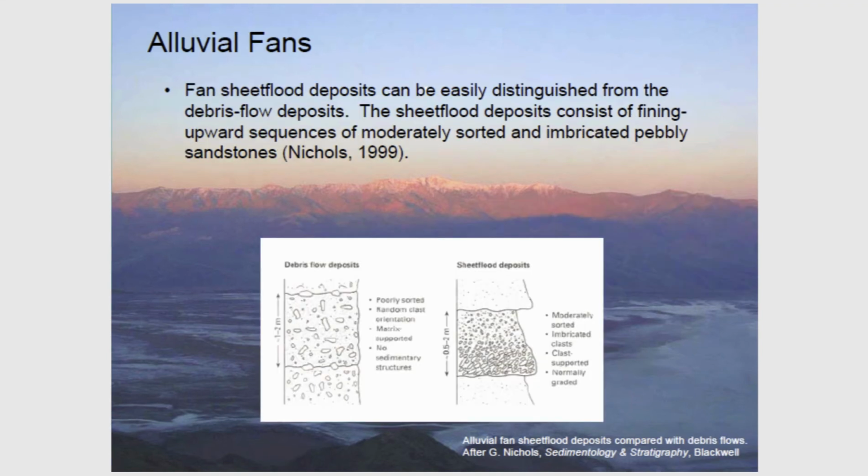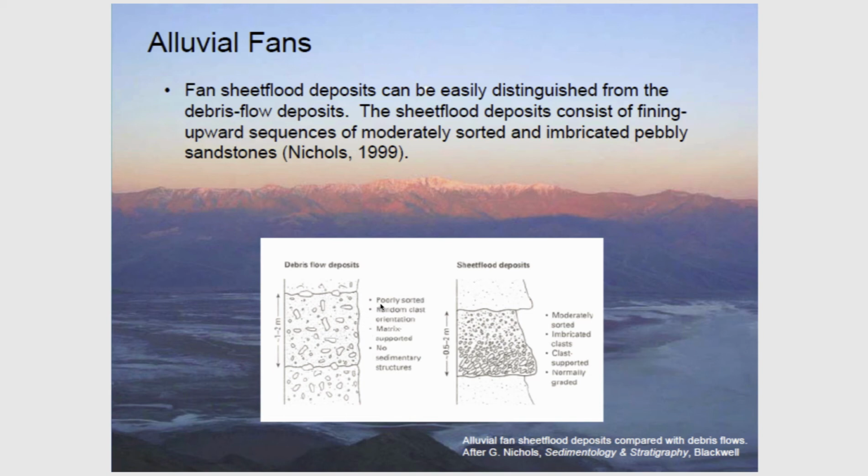So alluvial fans many times will be represented by these two characteristic stratifications. When you have a debris flow deposit, you will have this heterogeneous fraction. Usually the sediment is poorly sorted.